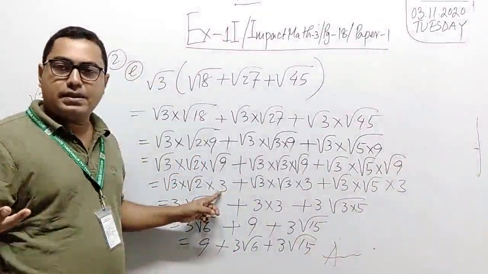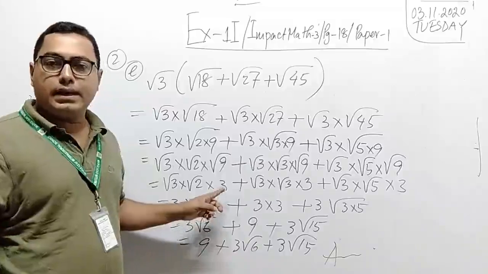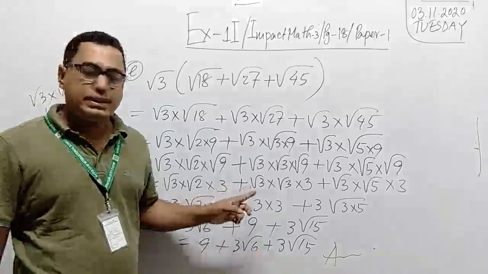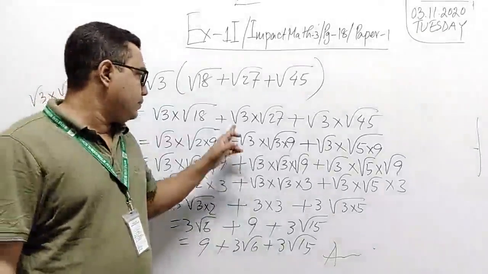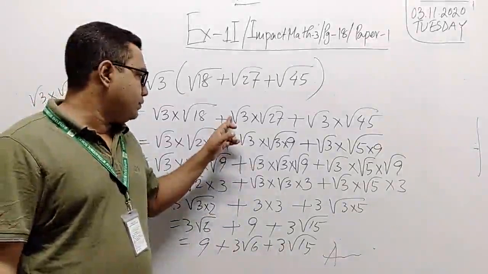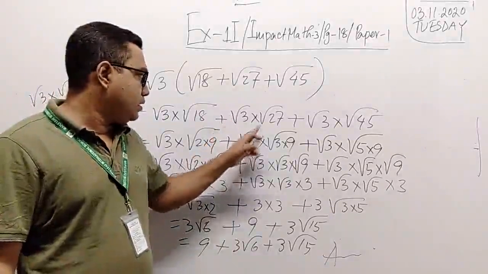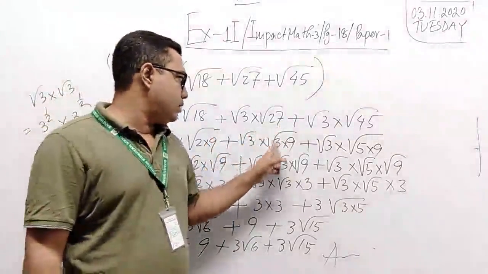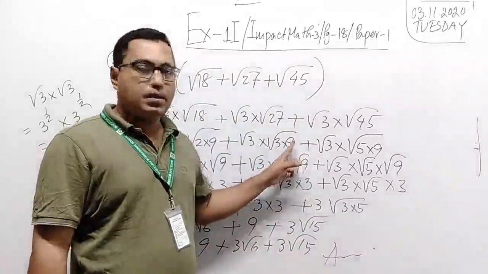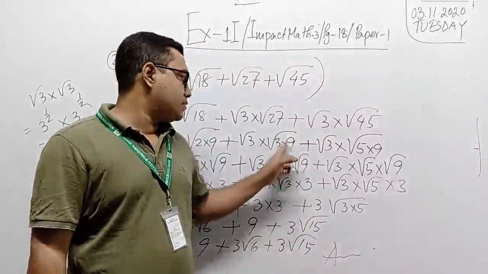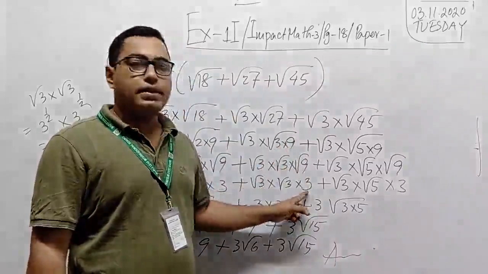So 3 is a rational number, or integer, or whole number, what you say. And then square root of 3 here. Square root of 27 can be written as 3 into 9. So square root of 3 here, square root of 9 is 3.